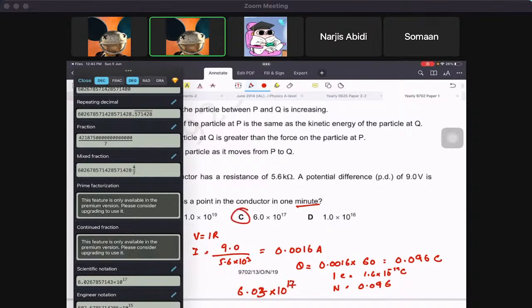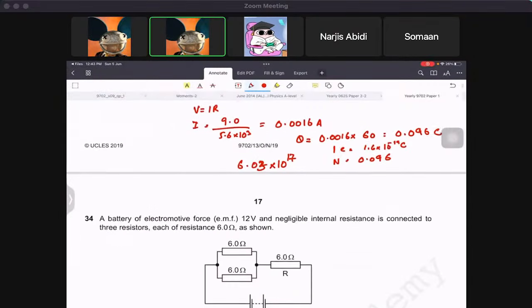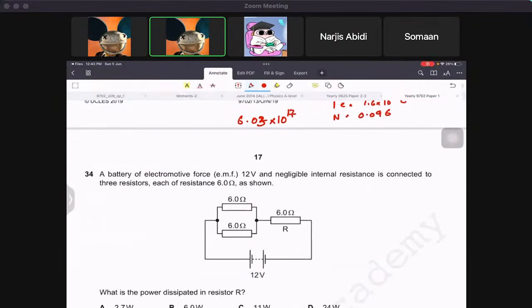Pretty easy. And then this one: what is the power dissipated in resistor R? Because this is a parallel combination, you should know it is 3 ohms total, but you can also try to do it if you're unsure. So this will be 6/2, 3. Now you can use the potential divider. We want to find the potential across this.